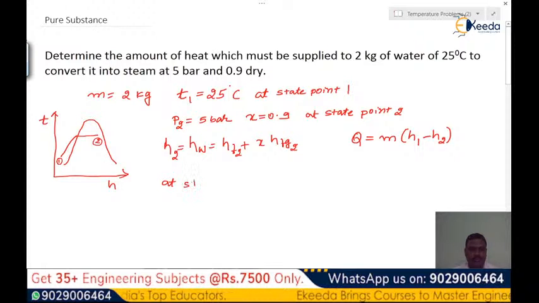At state point 1, as I already told you, it is at 25 degrees Celsius. It is just a subcooled or compressed liquid, so the property value is HF. What is the value of HF that is to be taken at 25 degrees Celsius?